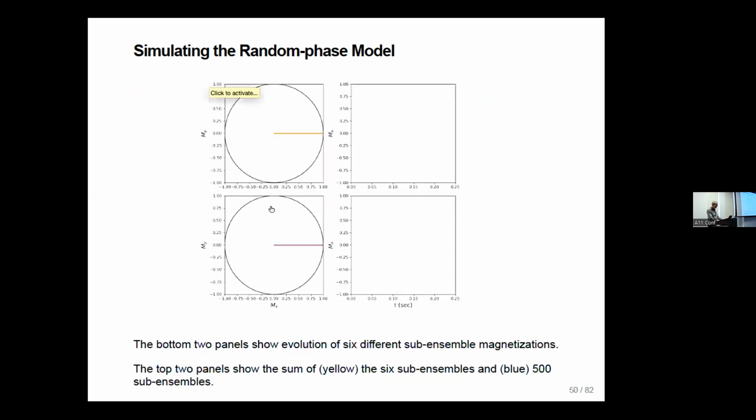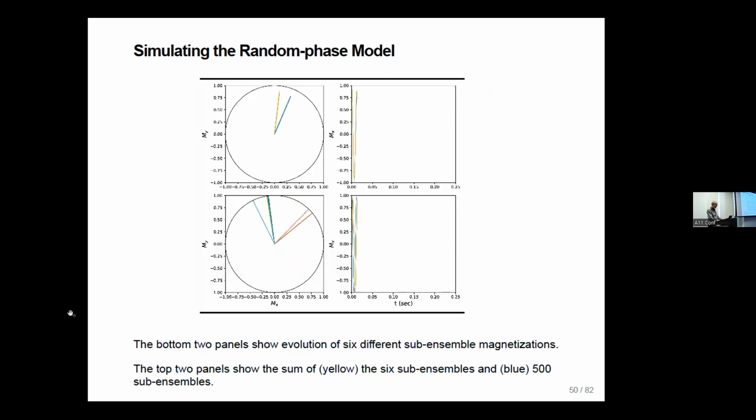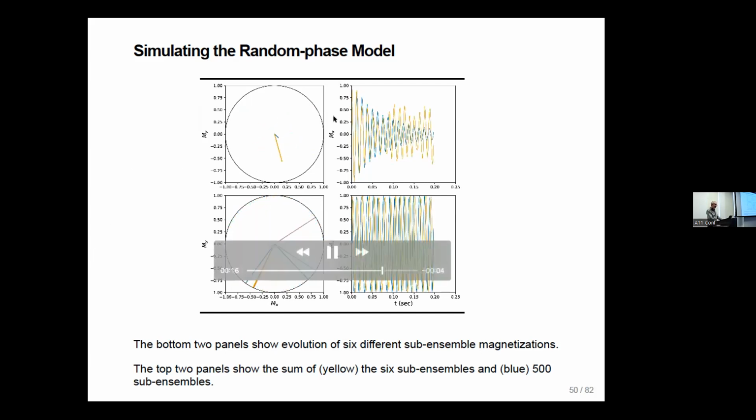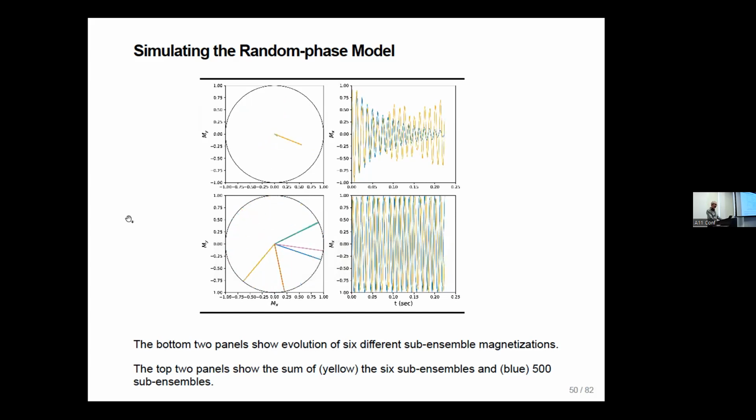And here's a picture, hopefully. What you see on the bottom are just those 6. They start out together, but over time, they start to get dephased with respect to each other. What's shown in yellow on the top is the sum of the 6.